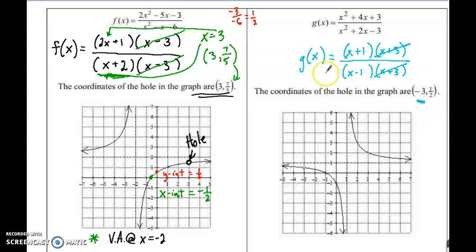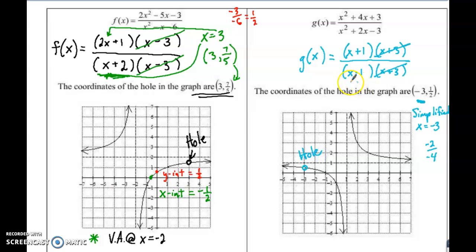Go to your simplified form. I haven't written it down yet. Go to the simplified form and plug in x equals -3. Well, -3 plus 1 is -2, so just some scratch work. -3 minus 1 is -4. -2 divided by -4 gives me 1/2, so we can identify where the hole is.